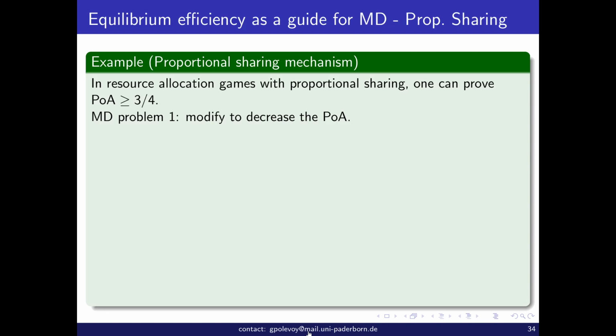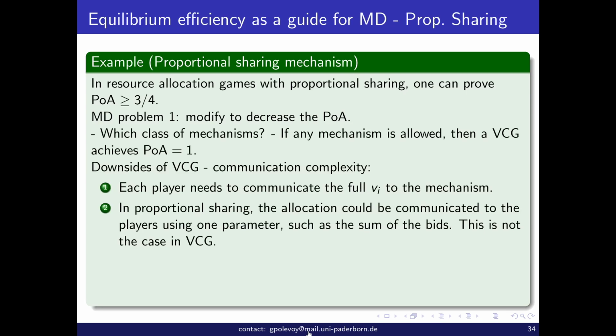So the first problem, which we can think of as mechanism design: let us modify the game, find another mechanism so that the price of anarchy will be smaller, so that the worst possible Nash equilibrium in the sense of the social welfare will not be as bad as we have here. And now it depends, of course, on which class of mechanisms we may use.